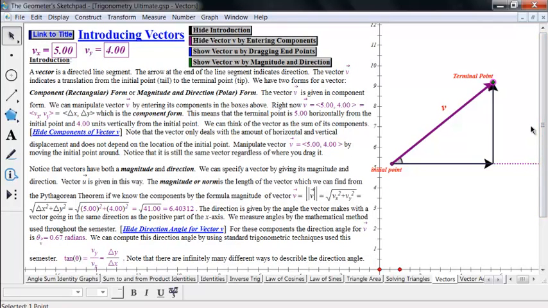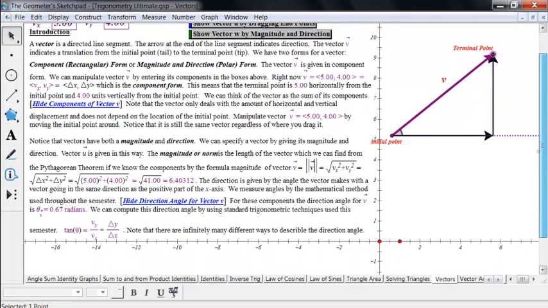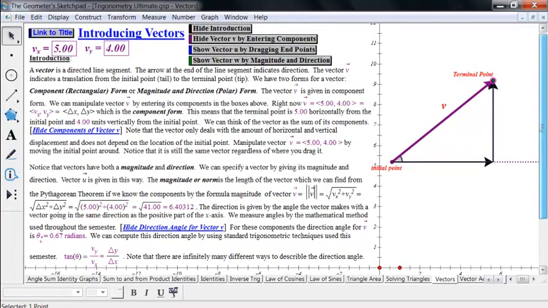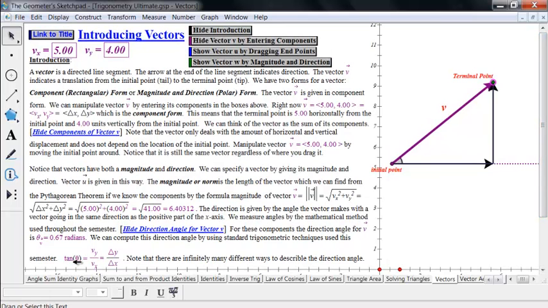Now notice we were able to take something in component form, as this one was given, and we were able to compute magnitude and direction. The magnitude was pretty straightforward. It's the square root of the x component squared plus the y component squared. Okay, Pythagorean Theorem. And then the basic definition: we're given the x and y, or the lengths of the two legs of our triangle, and we know that tangent of theta is that.